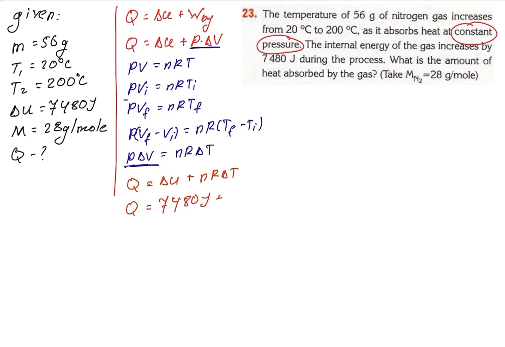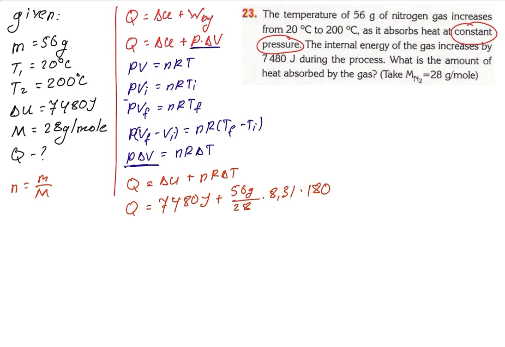Q is equal to 7,480 joules plus the number of moles, which can be shown as the mass divided by the molar mass. We know that moles is equal to mass over molar mass. That means 56 grams over 28, multiplied by the R constant, 8.31, times the difference in temperature, 180.